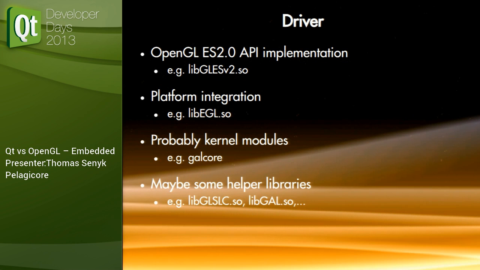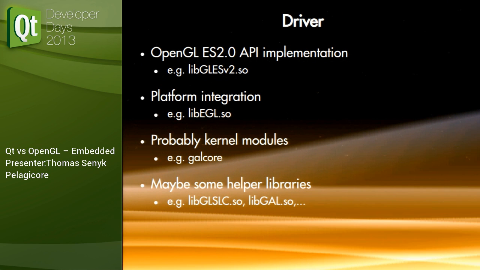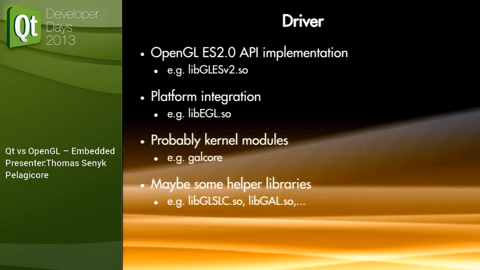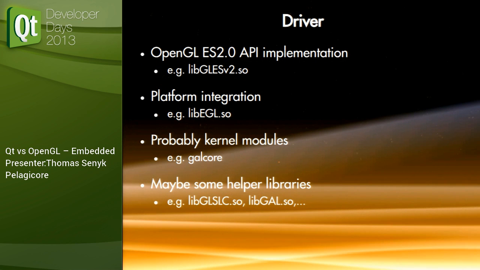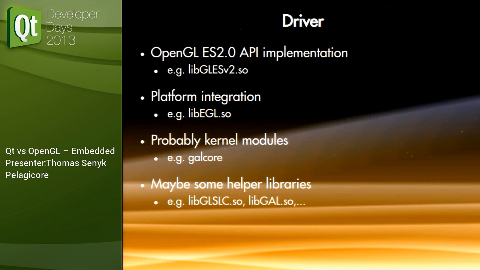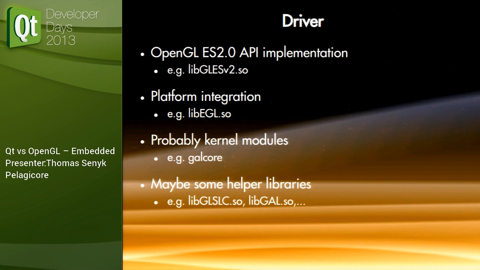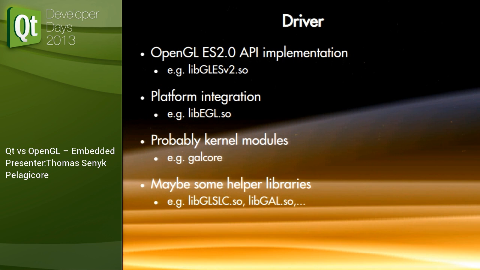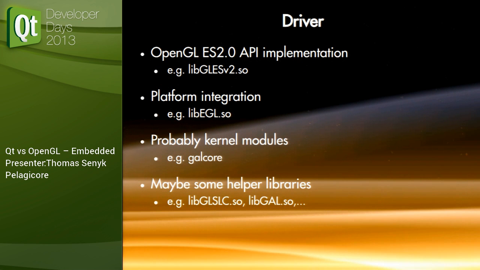A large part of the kernel module is resource management, allocating and deallocating memory, accessing various resources. And some drivers contain additional helper libraries, for example, for compiling shaders, but I don't want to go into details. Just be aware that your driver delivery might be more than just 2 libraries and the kernel module. It might be much, much more.